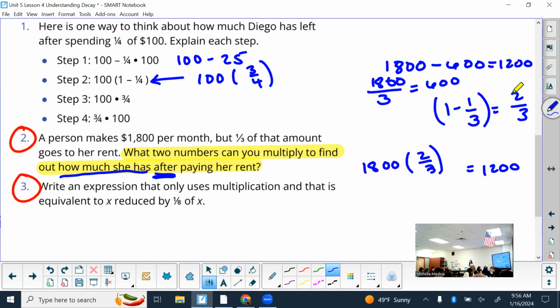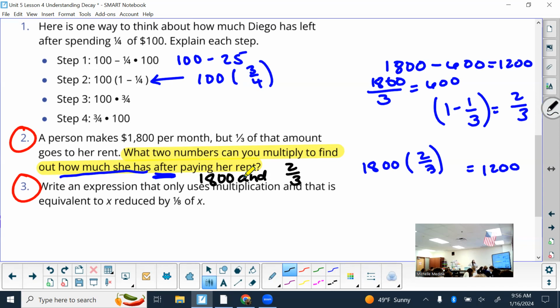$1,800 times 2/3, is that the same as 1,200? Yeah. So the answer to this question is 1,800 and 2/3 are the two numbers I can multiply by to get the same answer. Now you might be asking, why do I care? It'll save you a step.